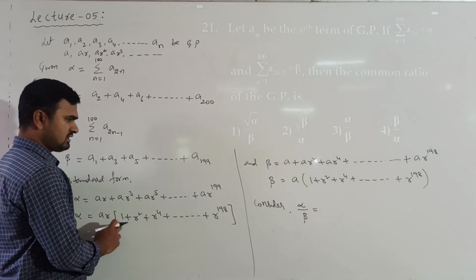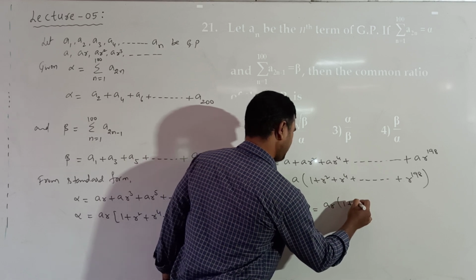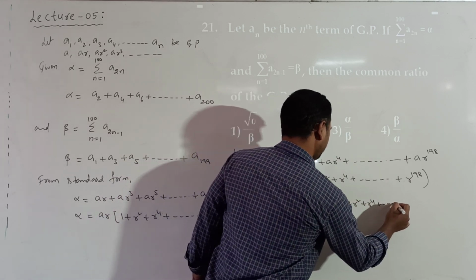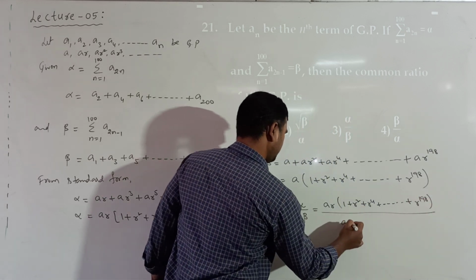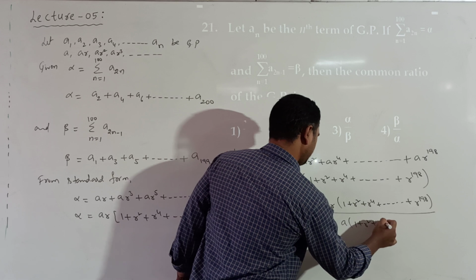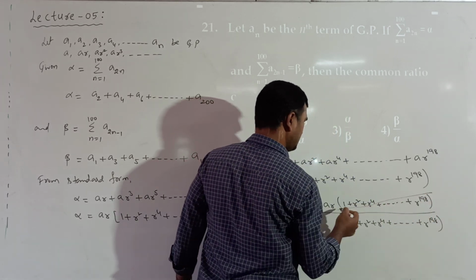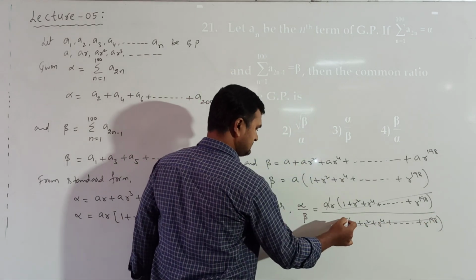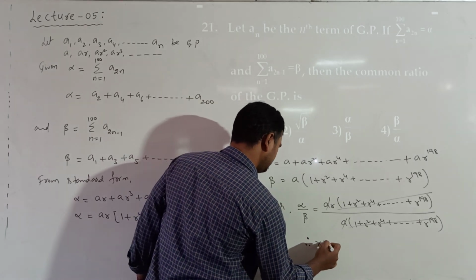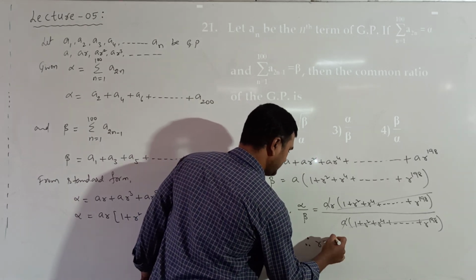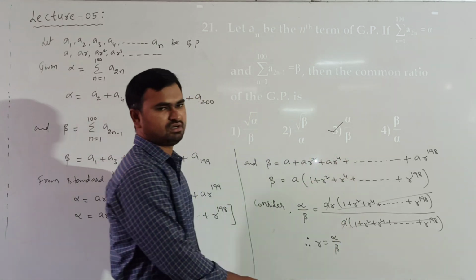So remaining is ar divided by a. The a terms also get cancelled. So what is the required r value? It is alpha divided by beta. So the required answer is the third option, alpha by beta.